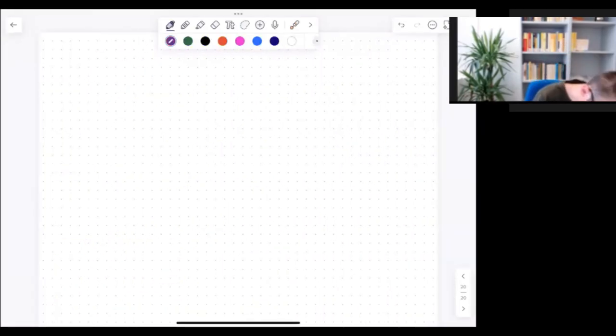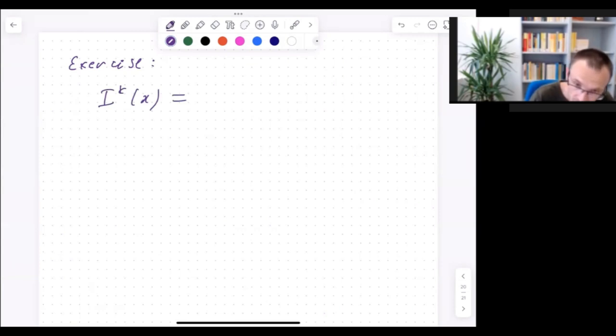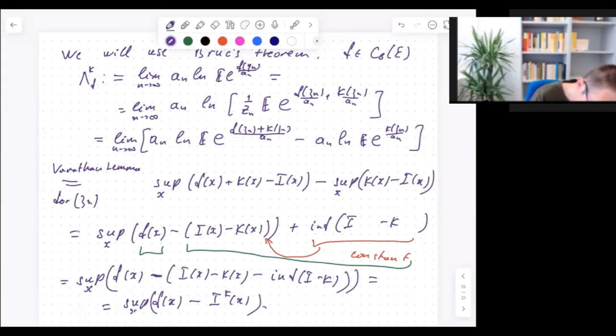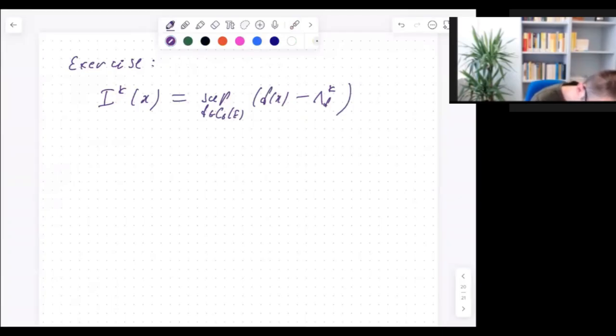So as an exercise, this implies that I k of x is equal to the supremum over all f belonging to C_b of f of x minus lambda f k, where this lambda f k is what we computed here. So it is a homework exercise. That finishes the proof of the statement.